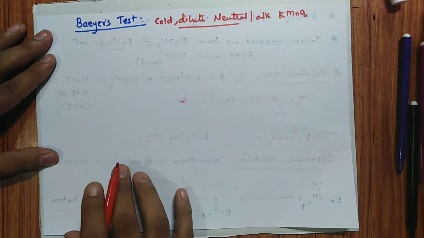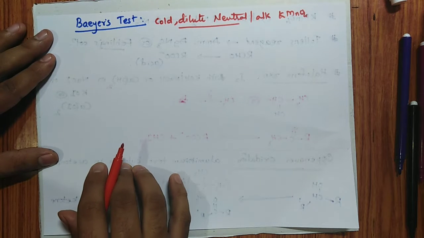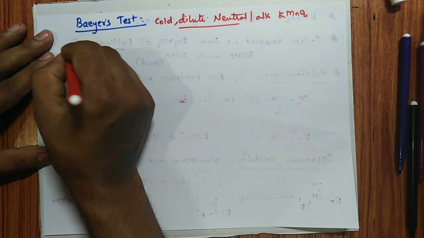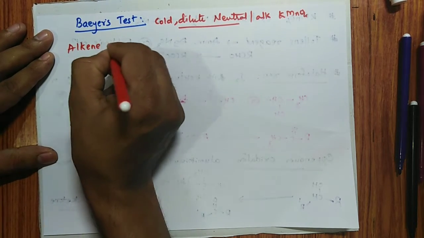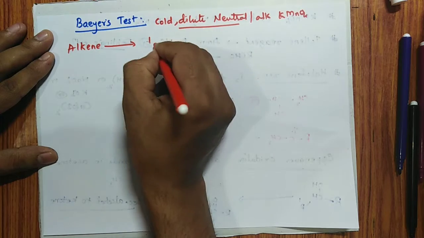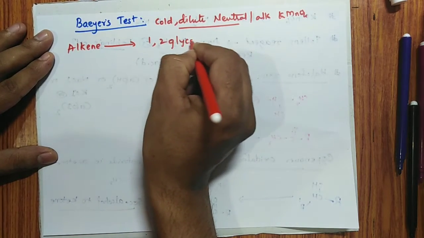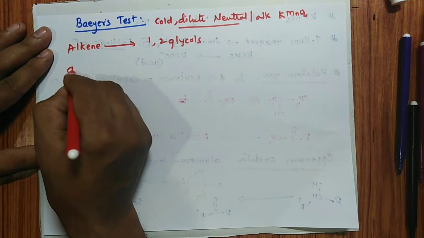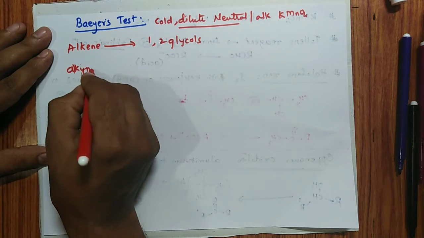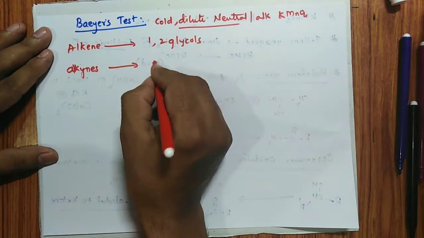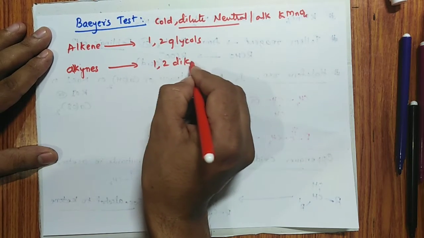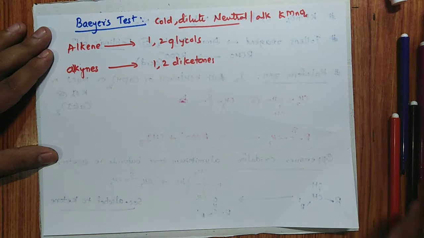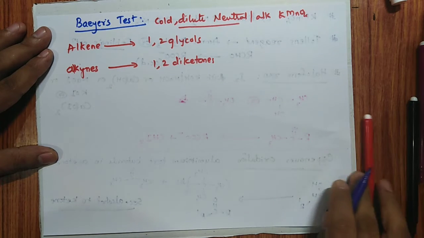So what will it do? It will convert alkenes to 1,2 glycols, and alkynes to 1,2 diketones. So convert alkene to 1,2 glycol and alkynes to 1,2 diketone.